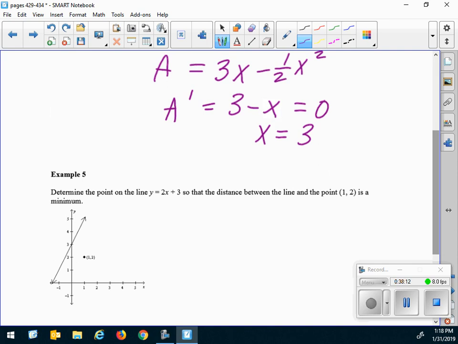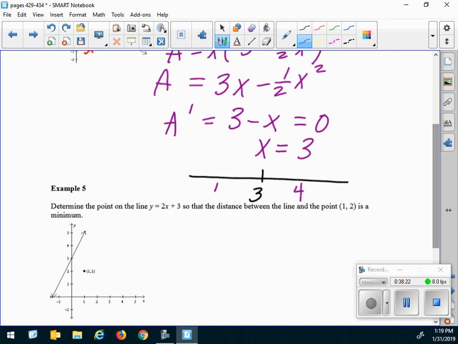All right, X equal 3. If X equal 1, is this derivative positive or negative? X equal 4. Does X equal 3 then maximize my area? Yep.